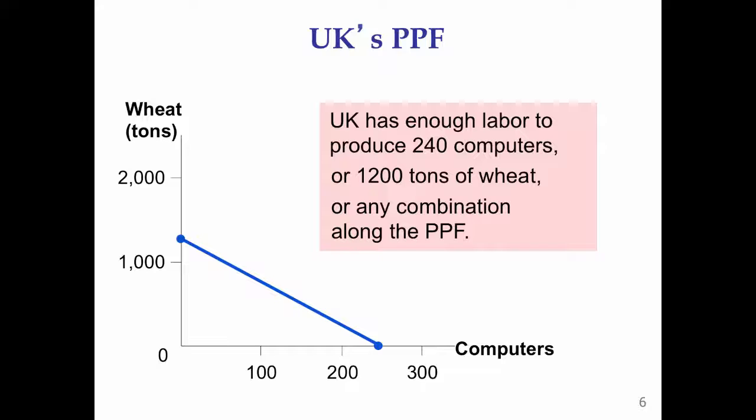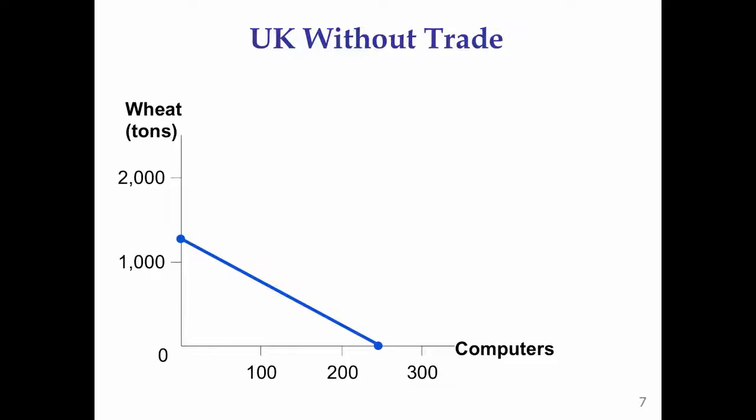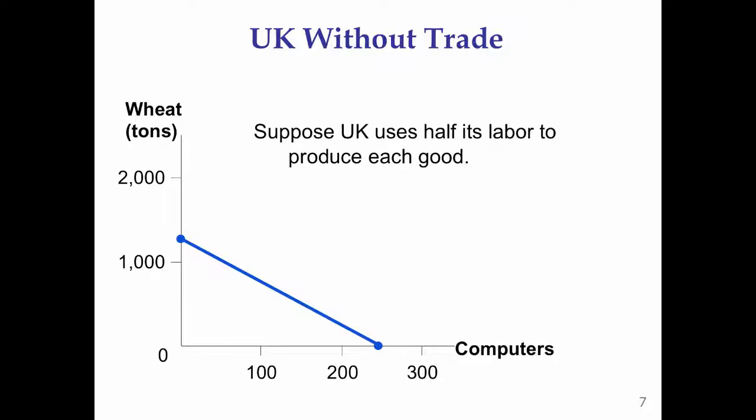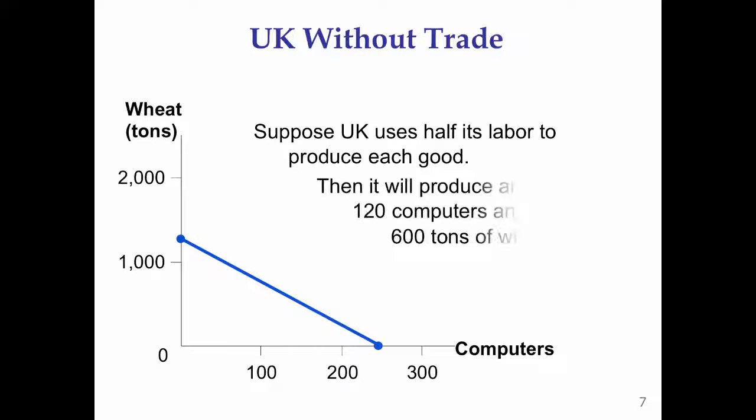Once again, for the UK, we're going to assume that it's going to be efficient if it doesn't trade with the US. And just like we did for the US, I just want to pick that middle point. So again, I would assume it's not going to just make wheat or just make computers. It'll make a combination of both. I'm just going to pick the middle point. So it's devoting half of its resources to wheat and half to computers.